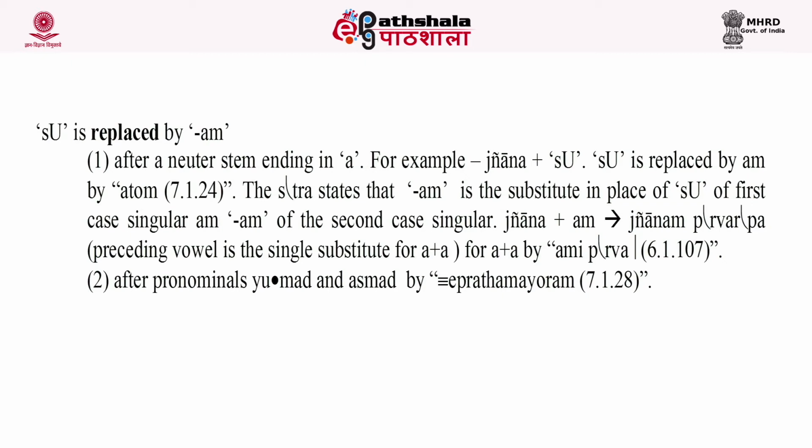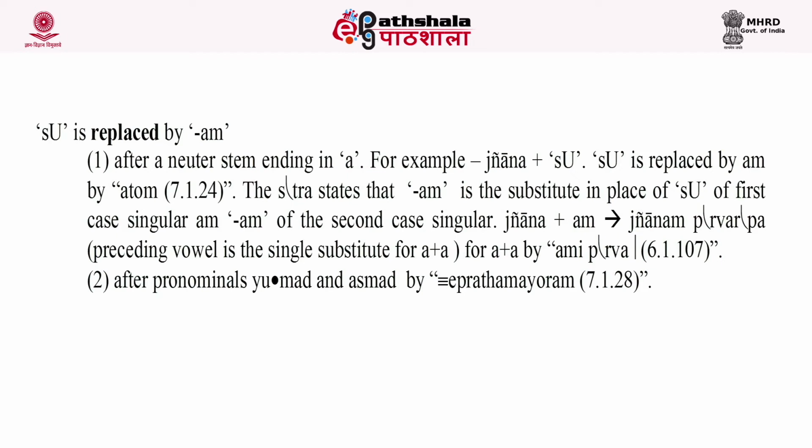Yusmat plus am, asmat plus am. Now yusma and asma are replaced by tva and aha respectively by Tvahau sau 7-2-94. The sutra states that the part up to ma of yusmat and asmat is replaced by tva and aha respectively before su.